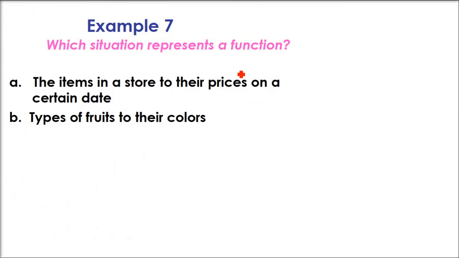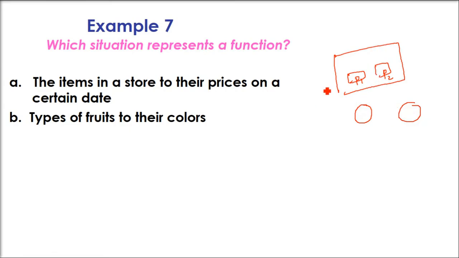Which situation represents a function? The items in a store to their prices on a certain date. We are assuming that every item has a different price. There is no common price. And types of fruits to their colors. These are two scenarios. Which of these is a function?